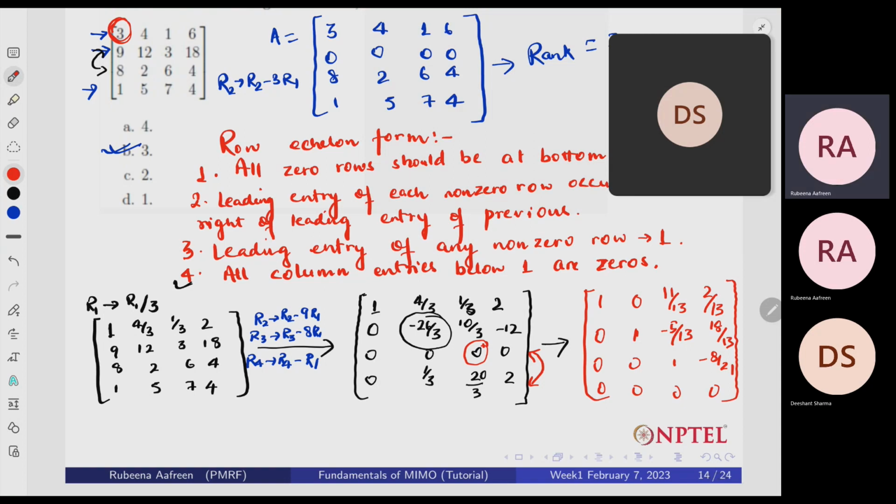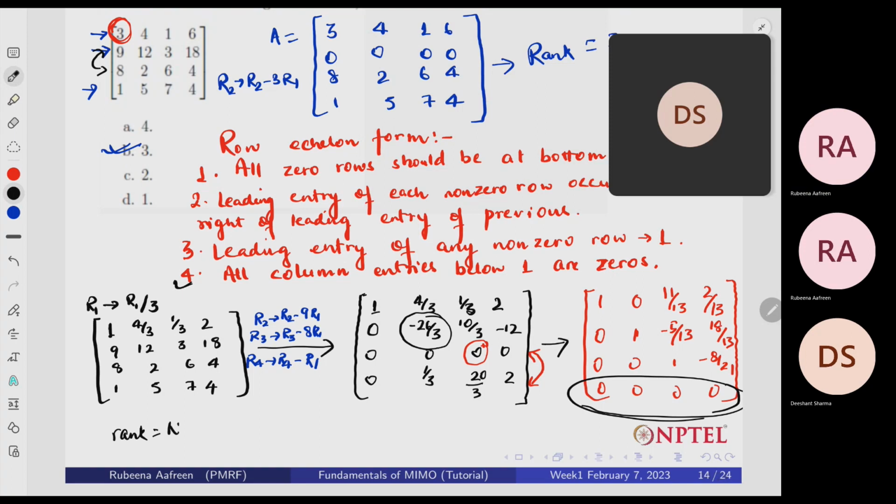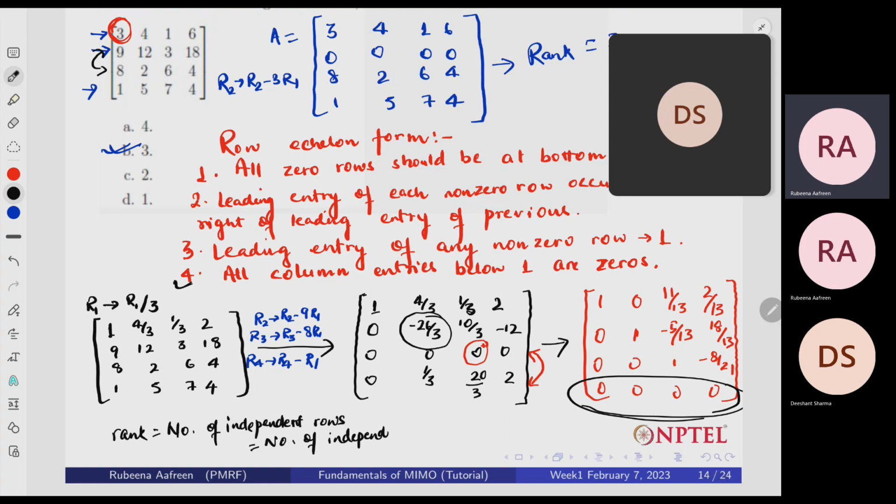So I encourage everyone to just go and try it on your own. From here we see that one row is 0. So rank is the number of independent rows, which is equal to the number of independent columns.